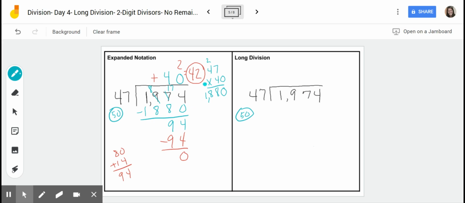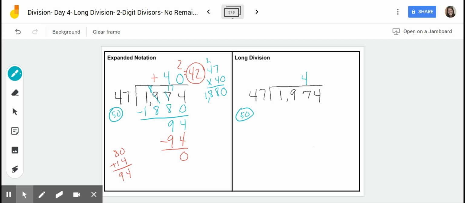And just like we did as we reasoned through expanded notation, I can think about 50 and say, well, I know that 50 times 4 is 200. So 47 times 4 will get me close to 197 without going over.